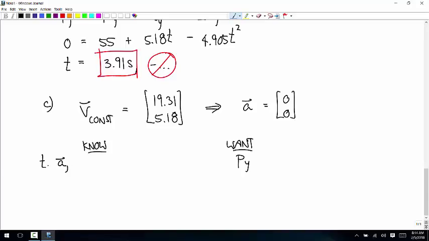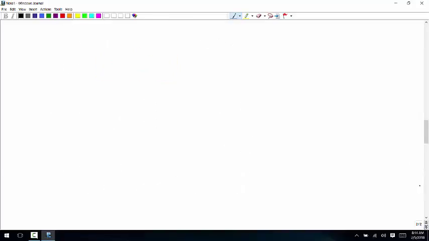We know the elapsed time. We know the initial position. We know the initial velocity. And so it looks like we can use the same equation again. Py is equal to P0y plus V0y t plus 1/2 ay t squared.